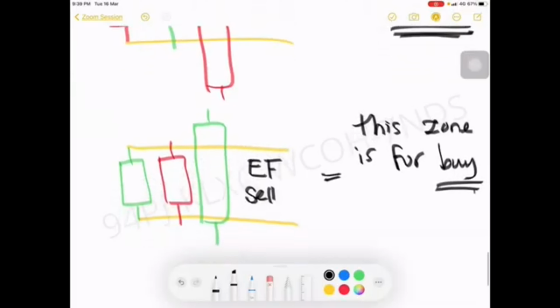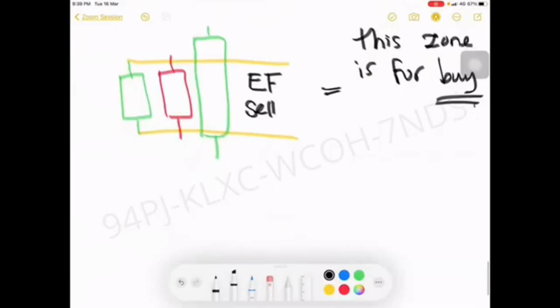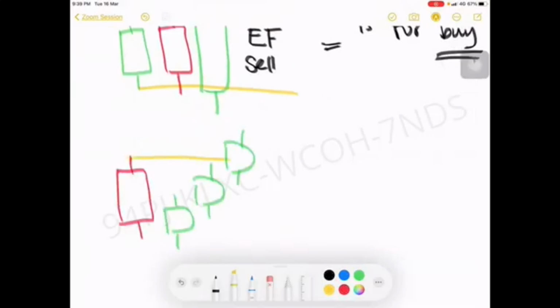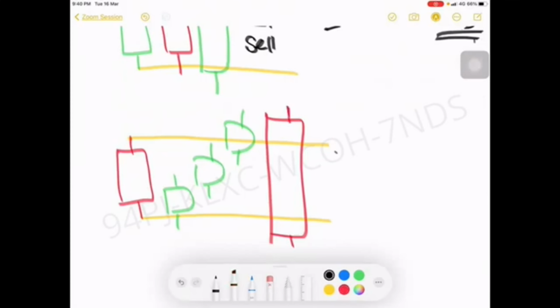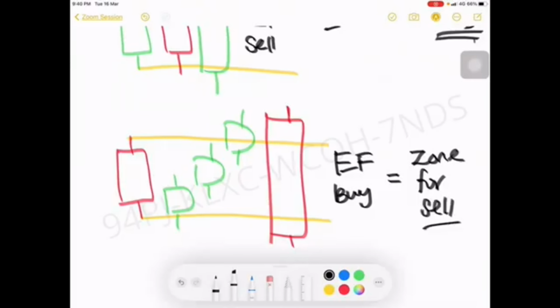Is it easy? Do you understand it now? All right, so I'm going to show you one more example. So let's say if you have this kind of angle, suddenly it just went down. So this is still EF, but for sell.